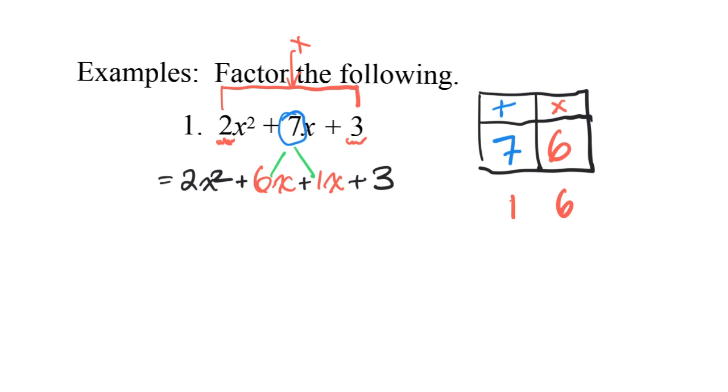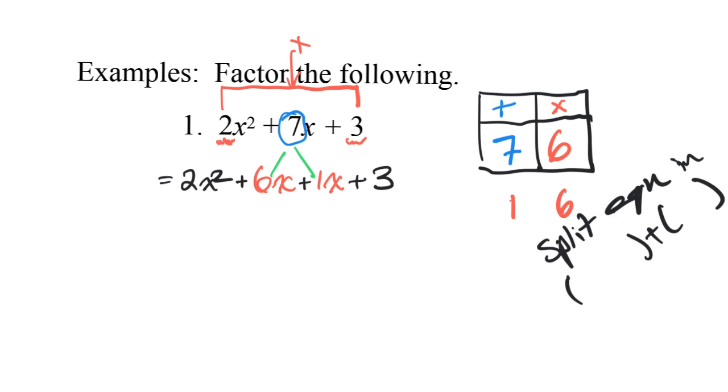Now, in doing so, this allows us to take the equation and split it into two brackets with a plus in between. The first bracket is going to contain just this stuff here, and the second bracket is going to contain all of this stuff here.